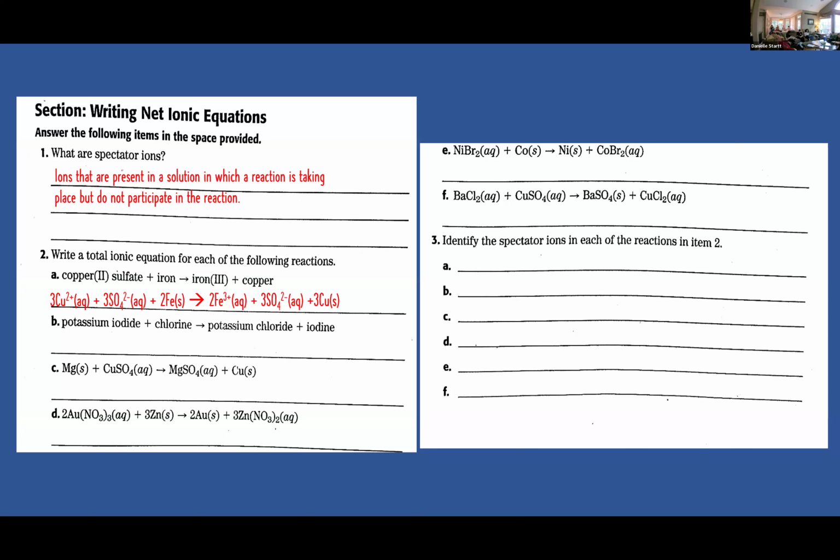So this is like a 2-step deal, right? You got to balance it to get your coefficients correct, and then you break it down into your net ionic equation. So what I'm gonna do is put the next one up so you can check it against your work.